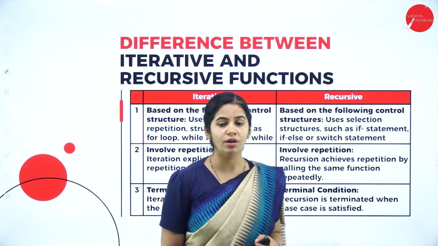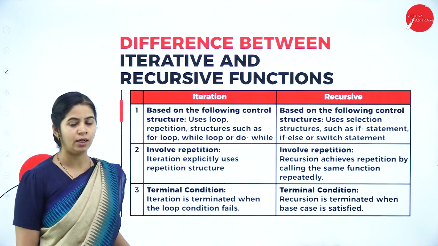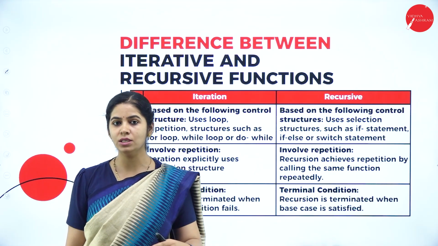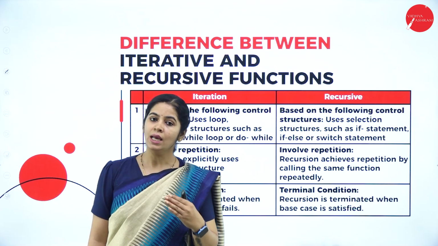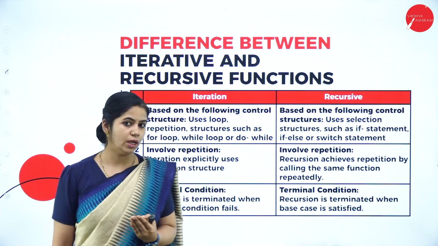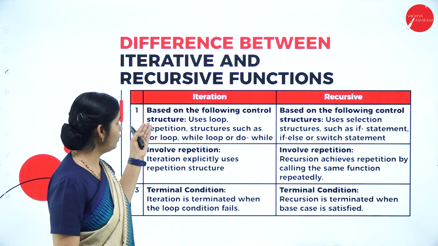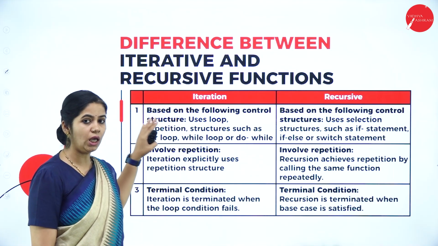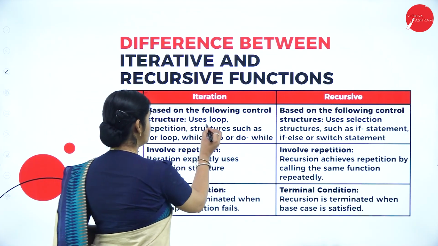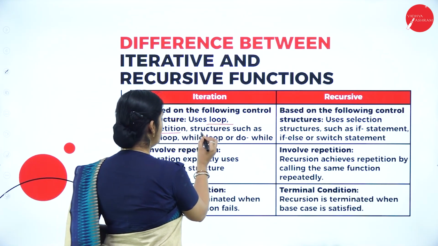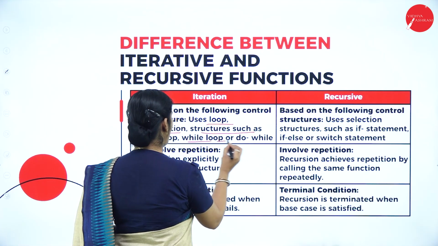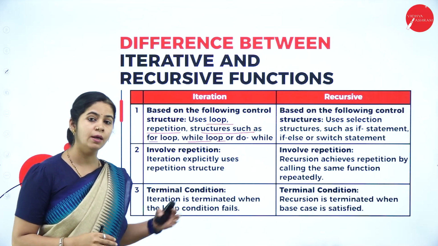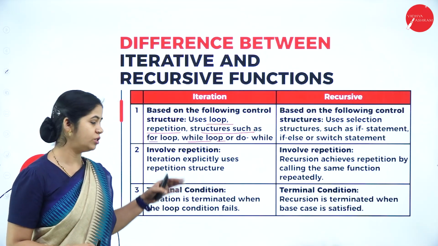So let's see the difference between recursion and iteration. What is iteration? Iteration is executing the instructions one by one. You know what recursion is. Based on the control structures, in iteration we are using loop repetition structures such as while, do while and for loop, which are conditional loops used to execute the functions.